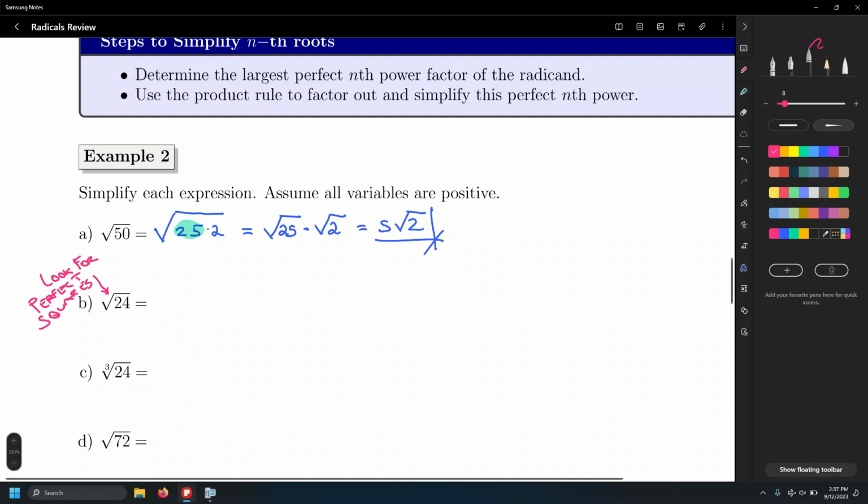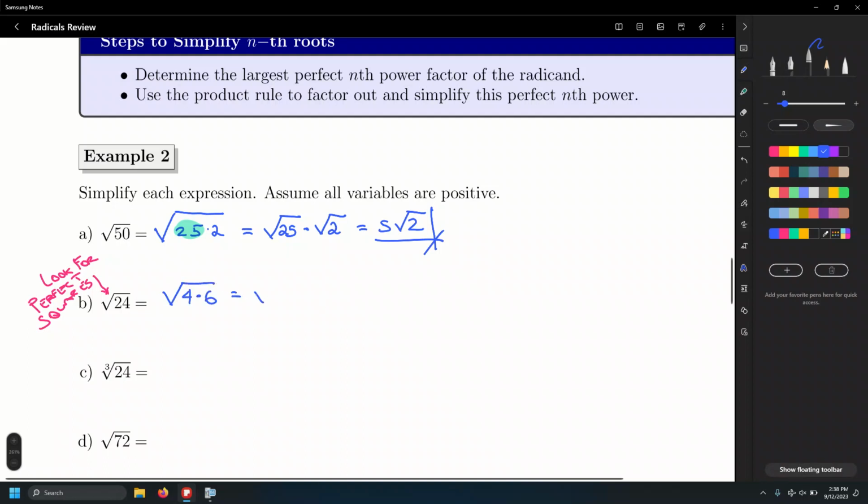Now, there's a bunch of ways to factor out the number 24. Any ideas? 8 and 3. Okay, 8 and 3, but now between 8 and 3, are any of those factors a perfect square? 4 and 6. Okay, I like that, 4 and 6. So the square root of 4 times the square root of 6.